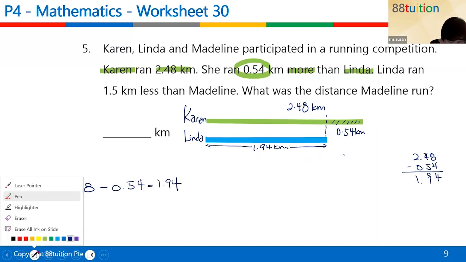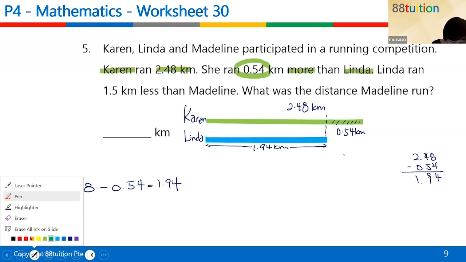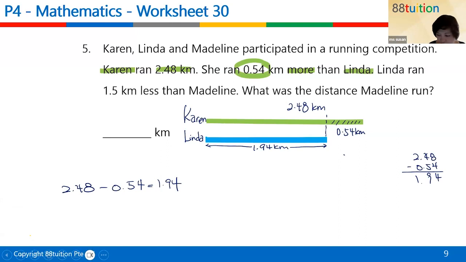So now the problem is there is another runner. This runner will be longer. Linda is shorter than Madeline. You see here now. So if I were to use this, do you realize Linda is less than Madeline? So Madeline must be more than Linda, right?